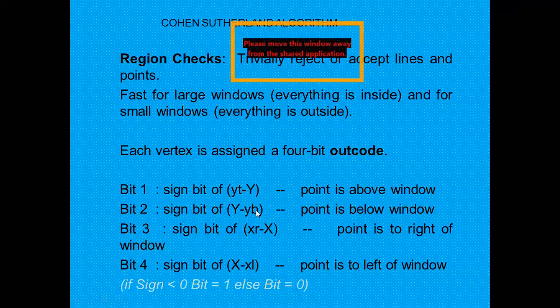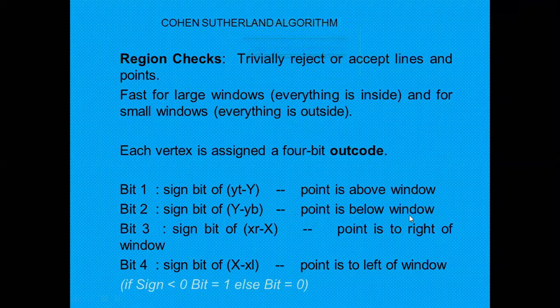Then we will put this value and check, and it will depend on the sign. So the conclusion will come that the point is below the window. Bit 2 will indicate that the point is lying below the window.